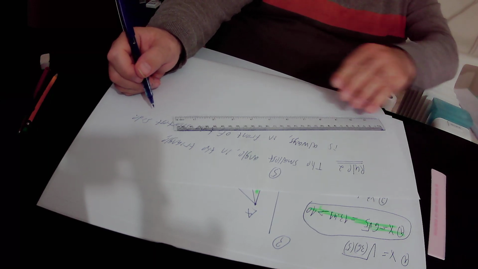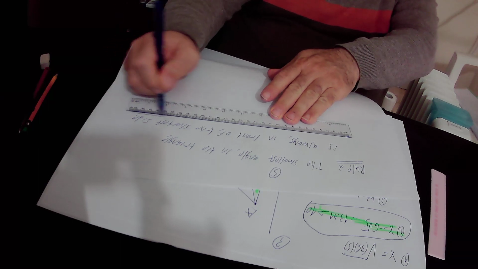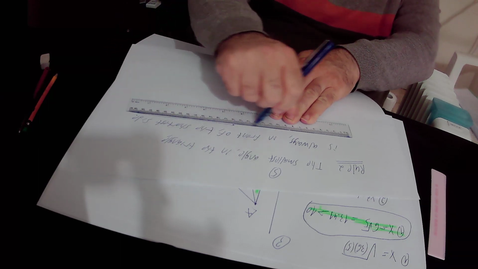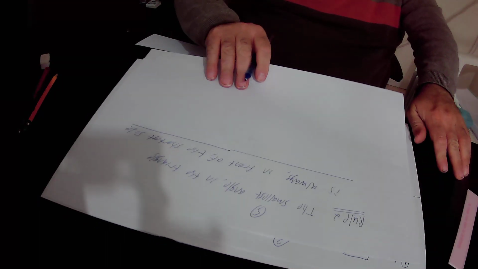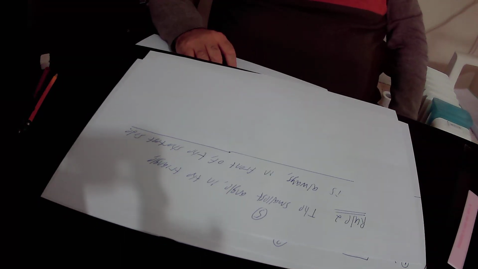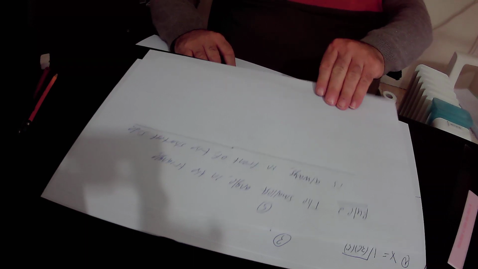I'll repeat rule number 2 again. According to rule number 2, the smallest angle in the triangle is always in front of the shortest side.